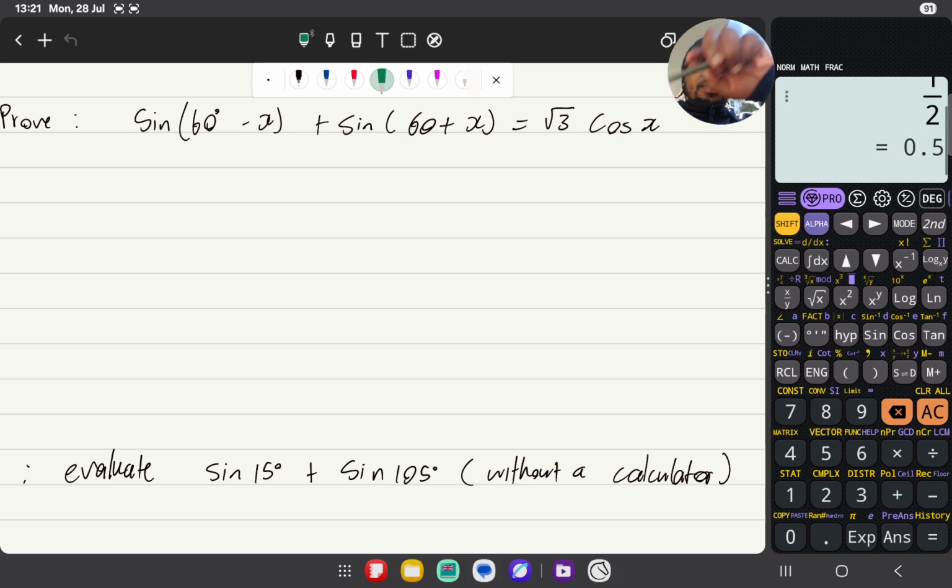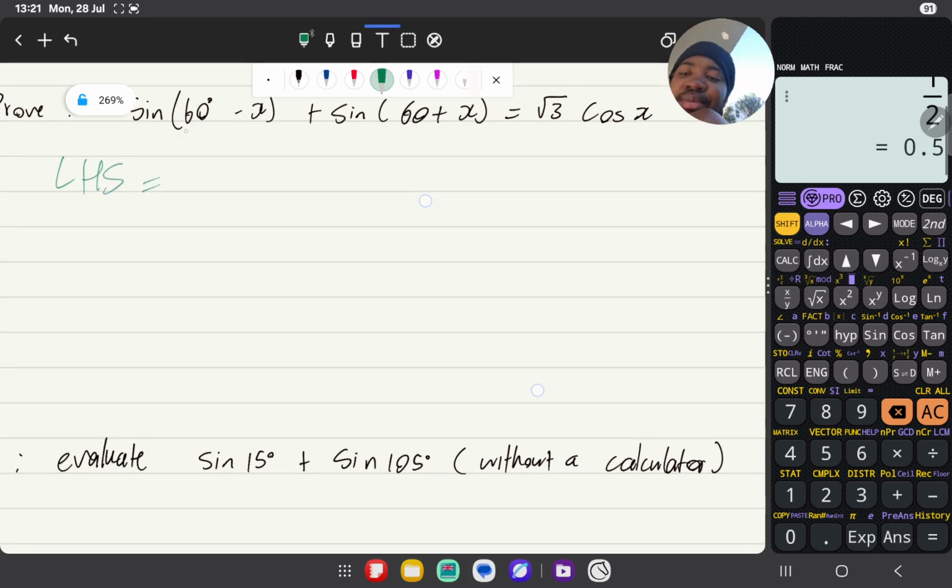Okay, so you have sine of 60 minus x plus sine of 60 plus x. We have to prove that it equals that.